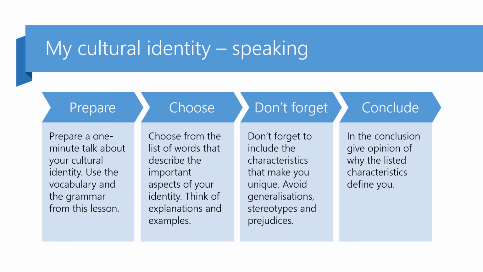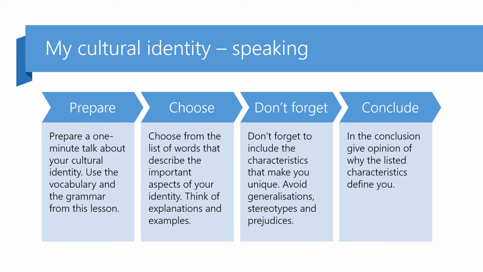You will use the vocabulary, the words from the list, and the grammar, the present perfect, simple past, present simple, and you will choose from the list of words a few words that you need to describe the important aspects of your identity. You don't need to use them all, but think of the explanation and think about some examples to illustrate what you are saying about yourself.